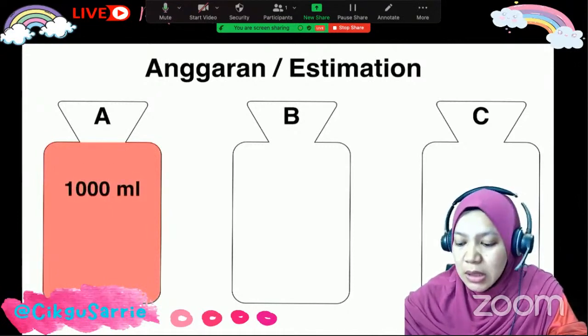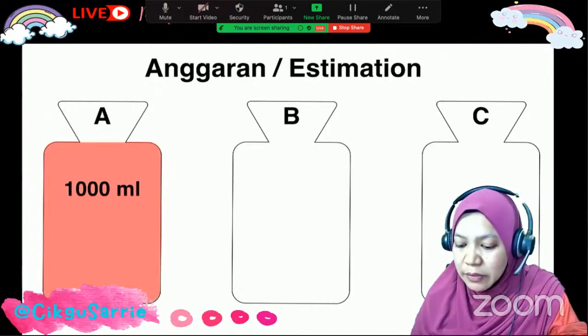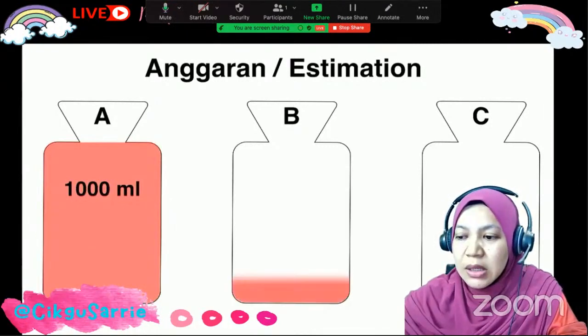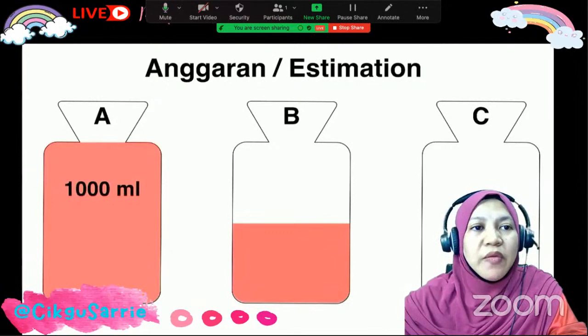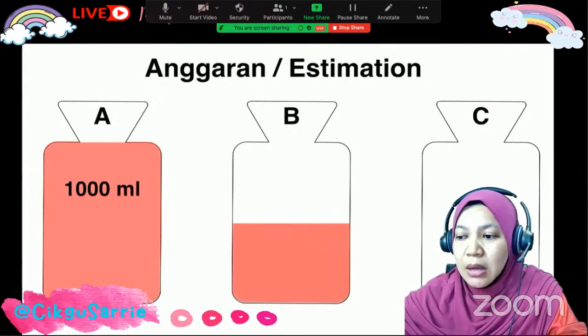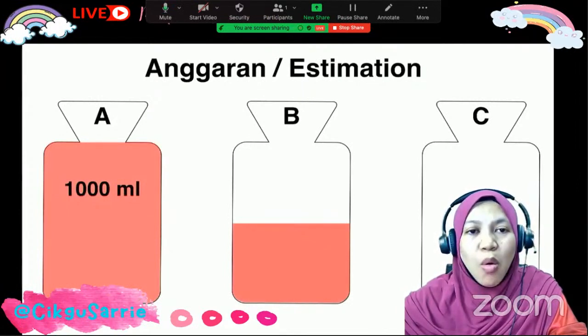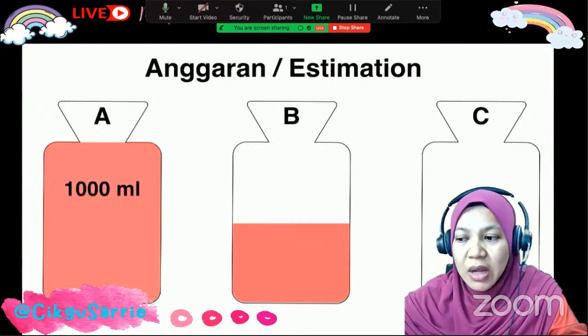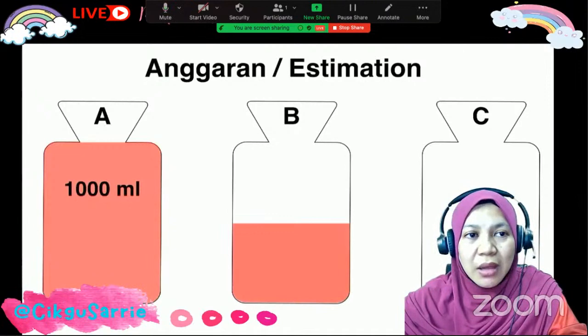And how about the volume in water tank B? If we can see here, the volume of water in tank B is almost half. It's almost half the water in tank A.